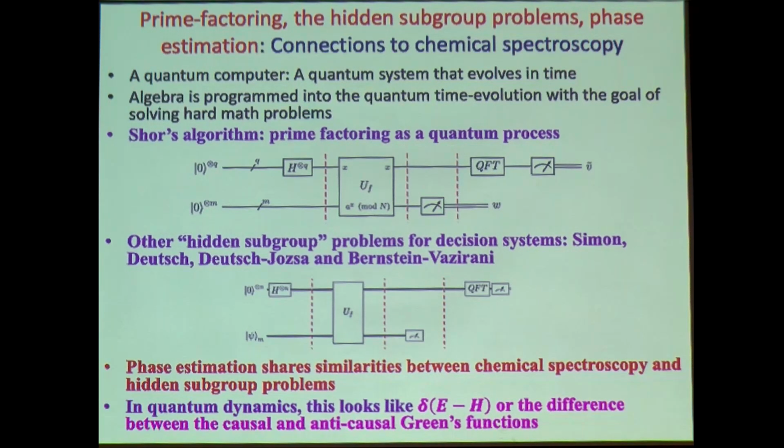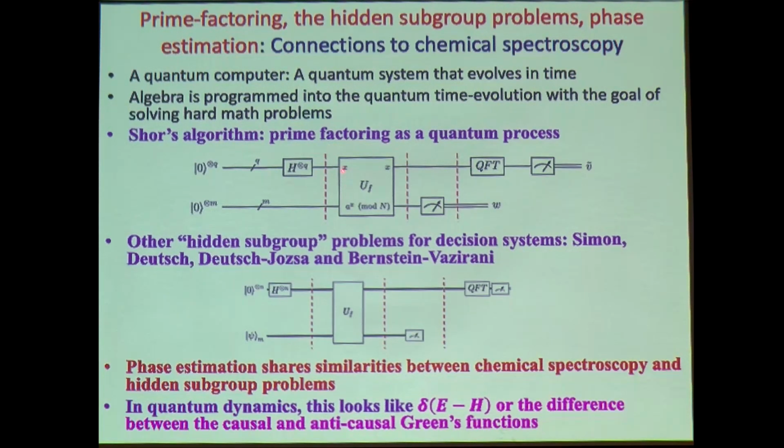Of course, there's prime factoring going on here. And the bath is initially prepared in a state where all components of the bath are ready to receive information. The kind of operation that occurs is called a Hadamard transform. Once that is there, at this particular red slice, the bath is ready to view everything that goes on in the system.